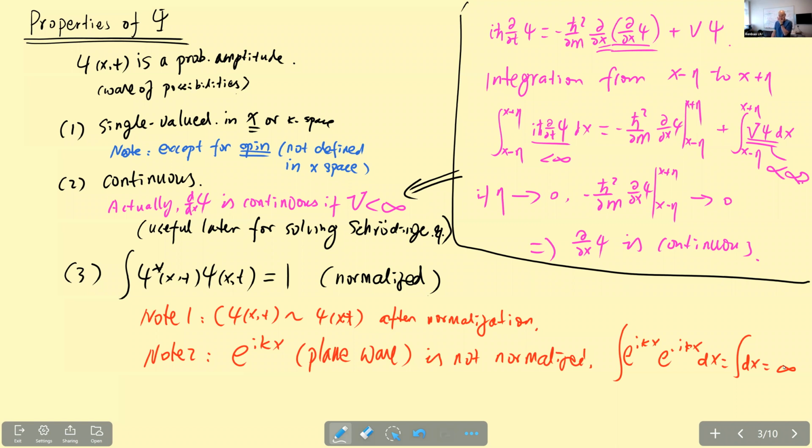So that means this kind of wave function cannot be normalized. So in this case, we should actually consider a wave packet.